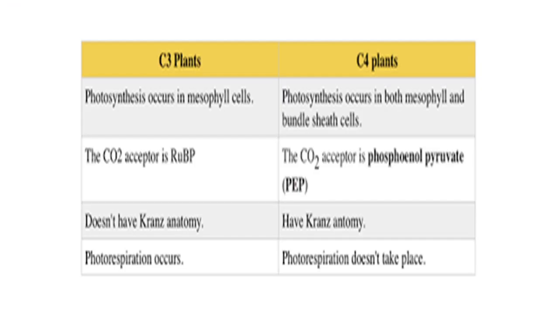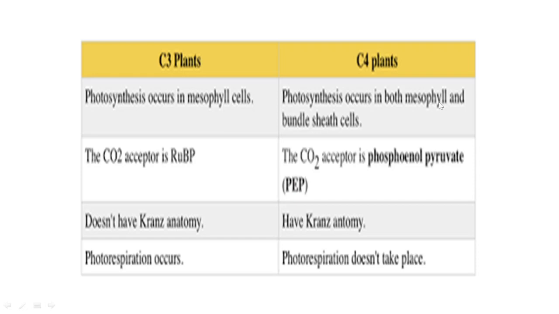Once more, the differences between C3 and C4 plants. Now I think it will be better for you to understand. In C4, photosynthesis occurs in mesophyll cells only. In C3, photosynthesis occurs in both mesophyll and bundle sheath cells. So the point to remember is the photochemical phase is in mesophyll cells only.